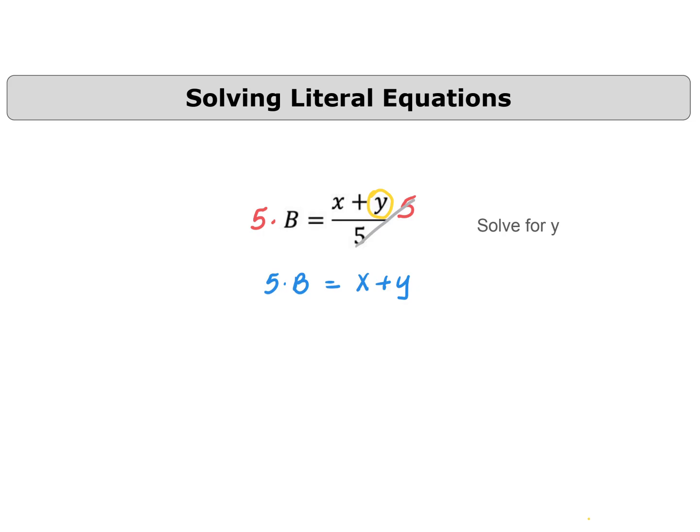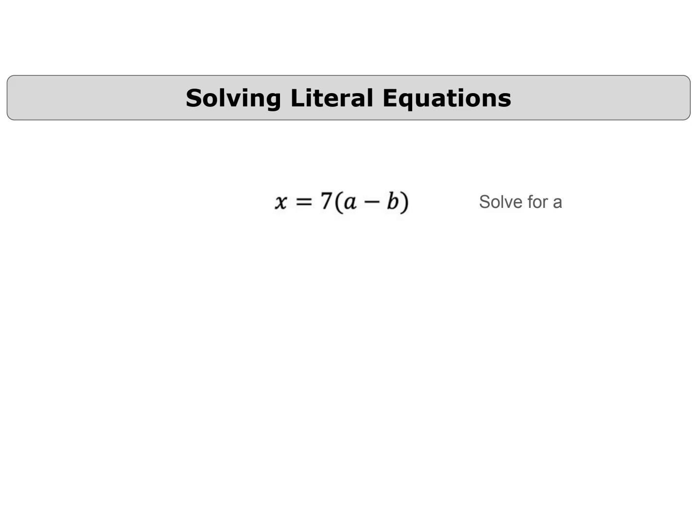Again, we want to get that y by itself, so we can subtract an x from both sides of the equal sign. So then we would have 5b minus x is equal to y. And most of the time we want that y to be on the left side. So we have y equals 5b minus x, and that would be solving for y.